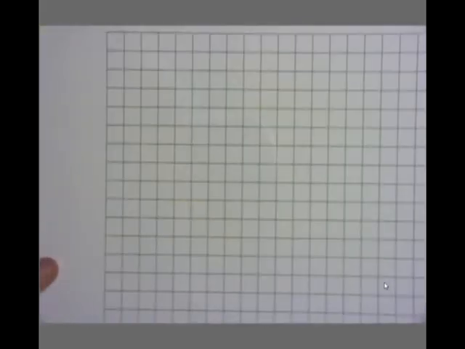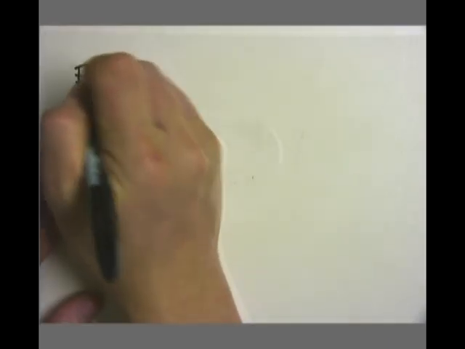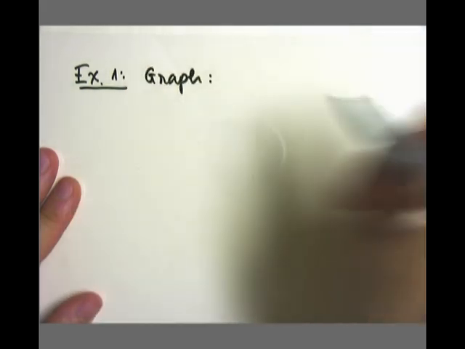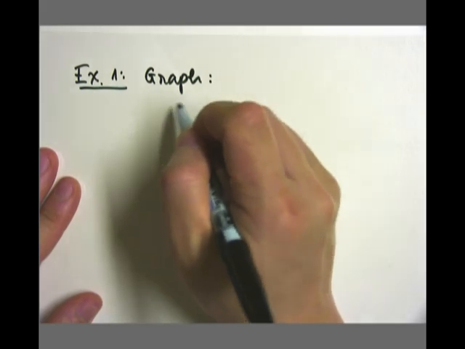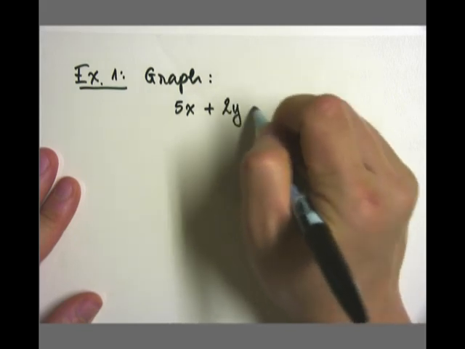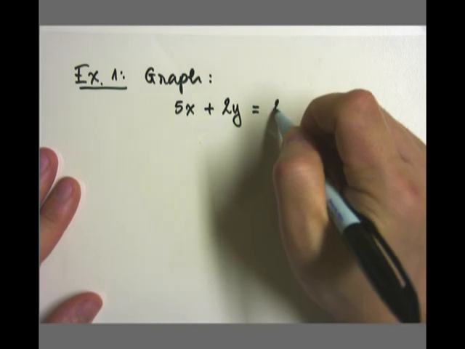So if we look at example number 1, we would like to graph the equation 5x plus 2y equals 20.